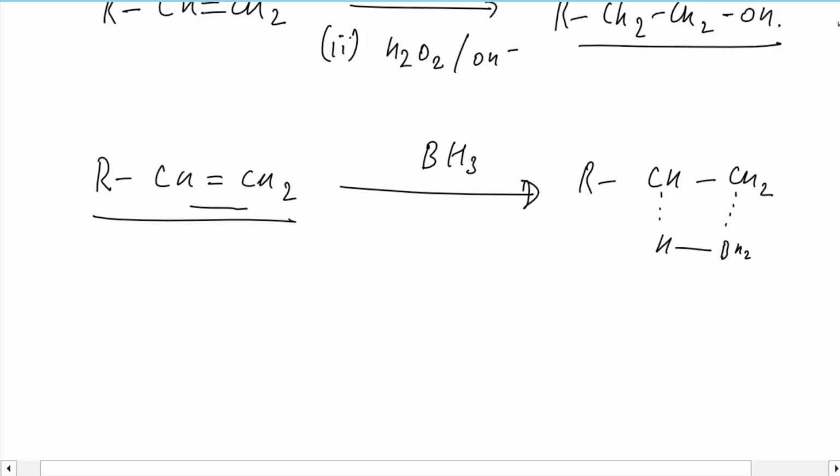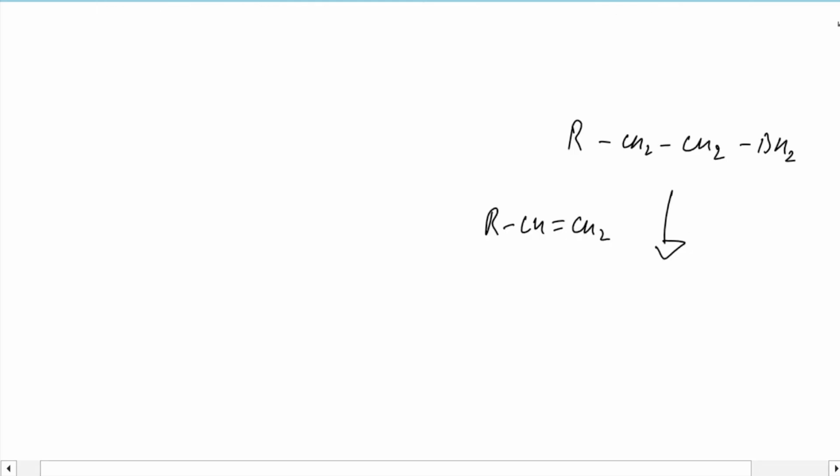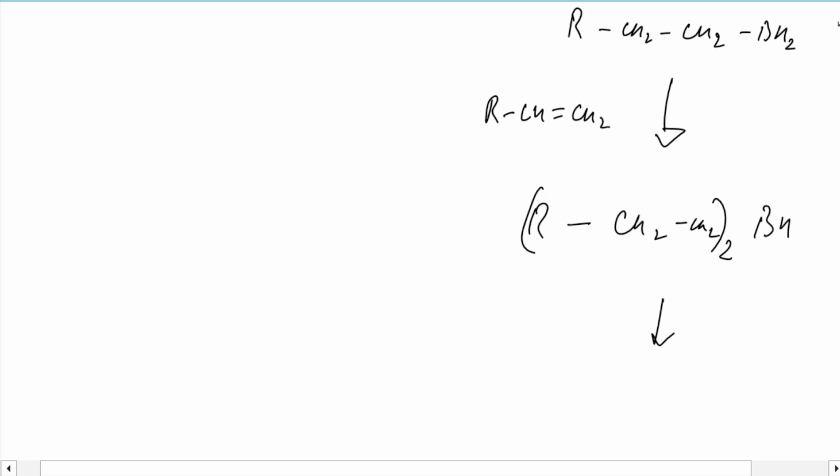So what is formed here is RCH2CH2BH2. Next, it further reacts with RCH double bond CH2. Then it forms dialkyl borane, that's (RCH2CH2) all twice BH. It further reacts with RCH double bond CH2.